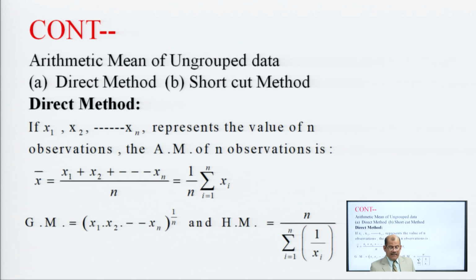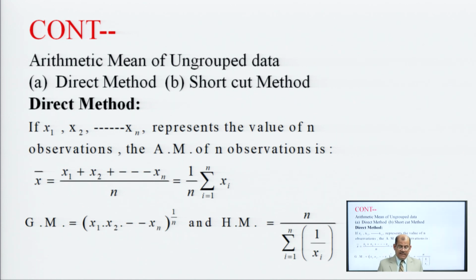Direct method: if x1, x2 and so on xn represent the values of n observations, the arithmetic mean of n observations is x bar equal to x1 plus x2 plus so on xn divided by n, which is equal to 1 by n summation i varying from 1 to n xi.